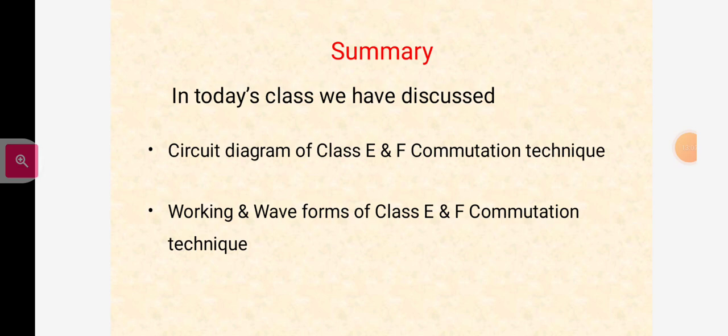The applications of SCR are speed control of single phase induction motors, series motors, and electric fans, heat control devices, and also liquid level control devices, illumination level control devices, used in industries and domestic purposes. And also these are used in phase control circuits, power switching circuits.